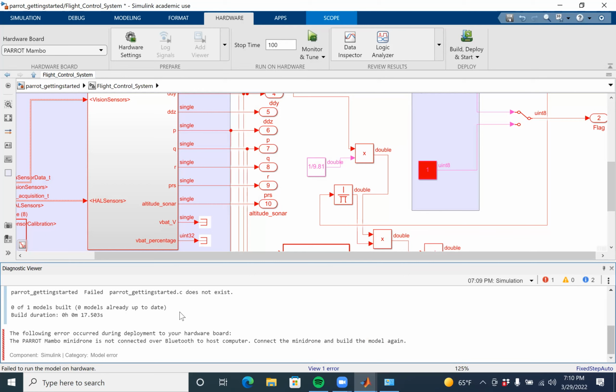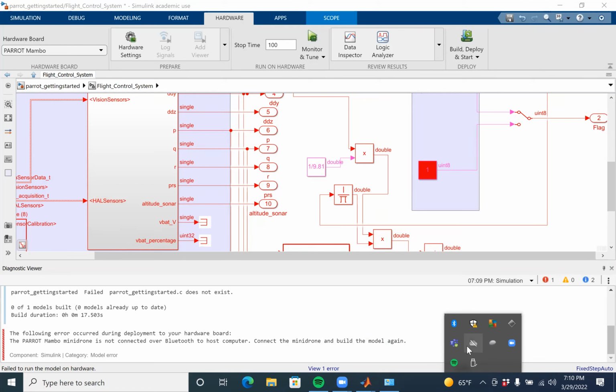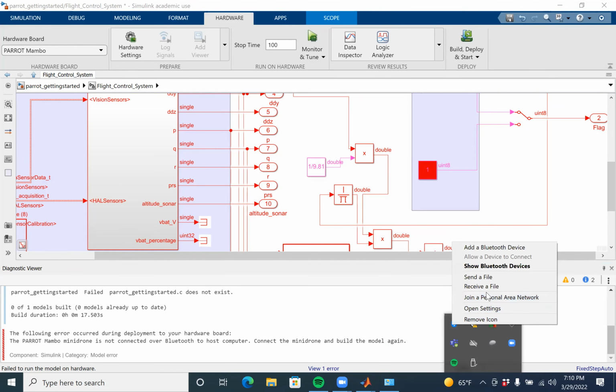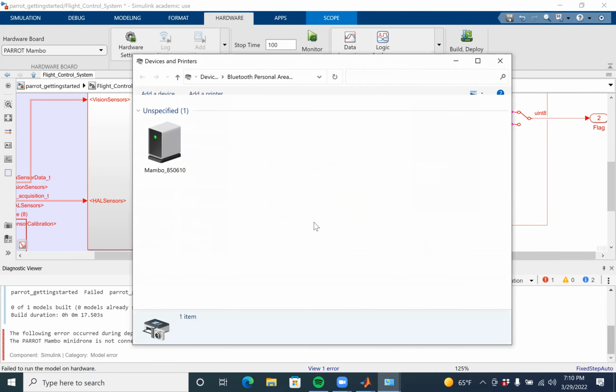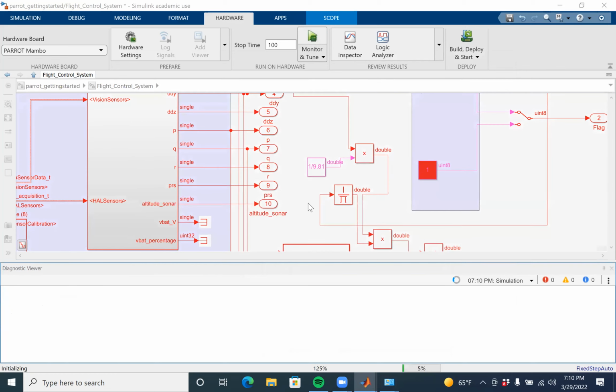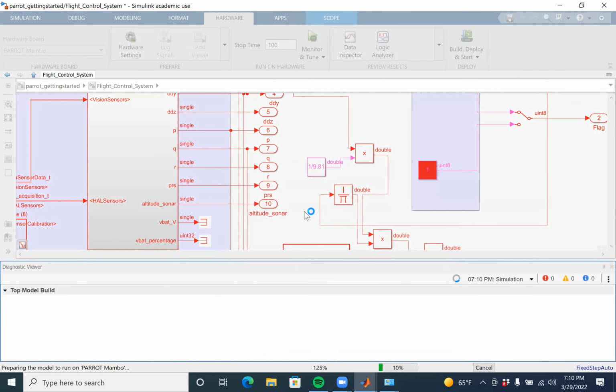Just a second. Oh, it's not connected via Bluetooth. Someone else's Mambo online?